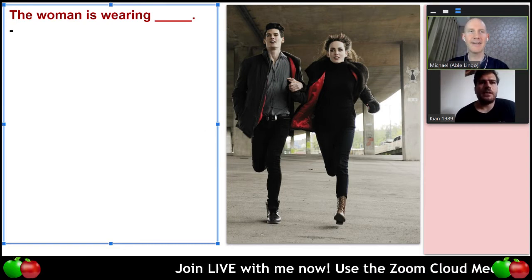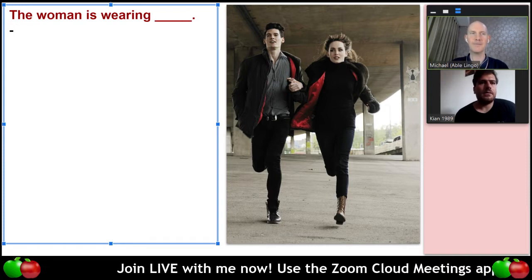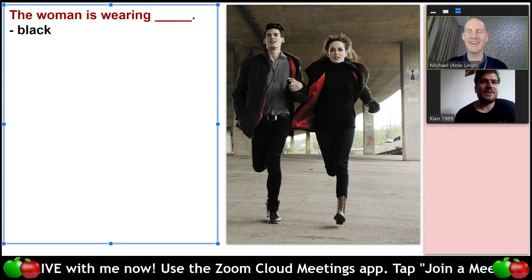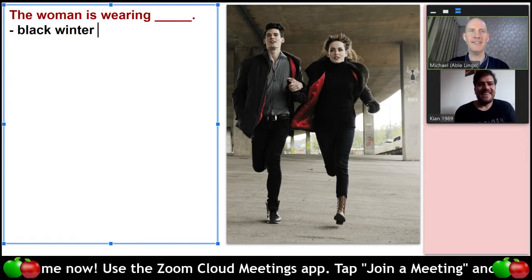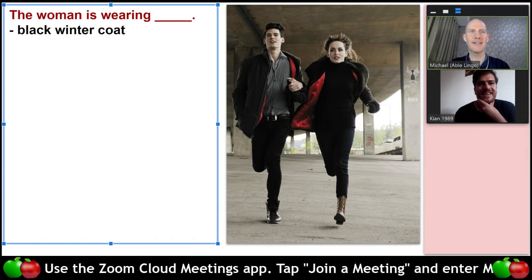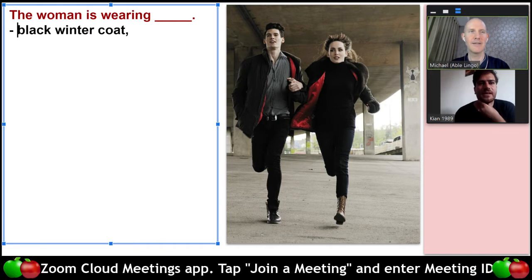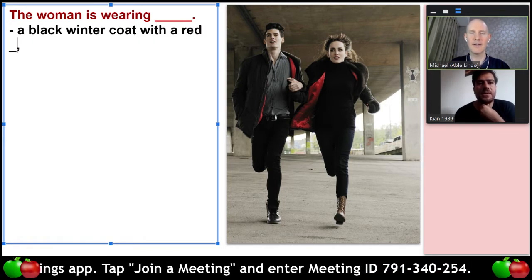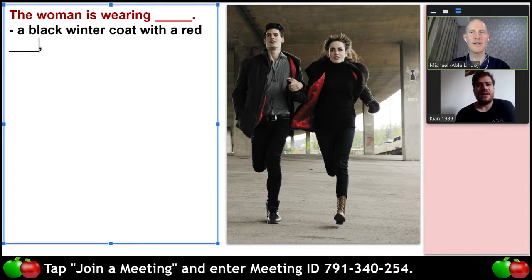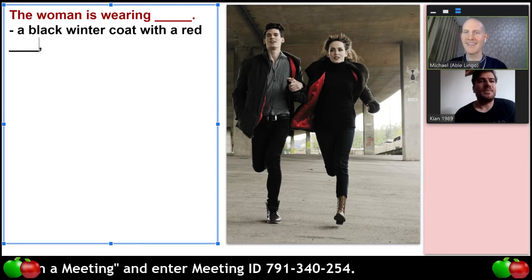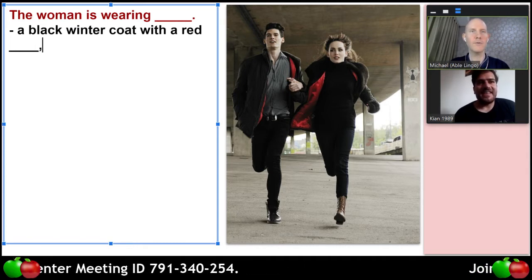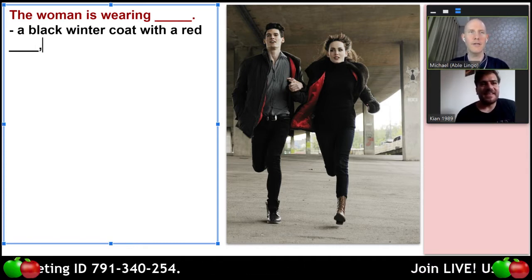She's wearing a black wool winter coat, and a pair of brown boots. I see a black winter coat with a red.